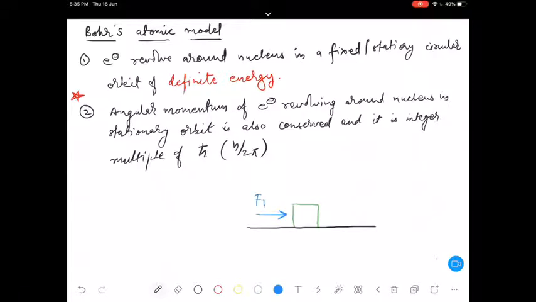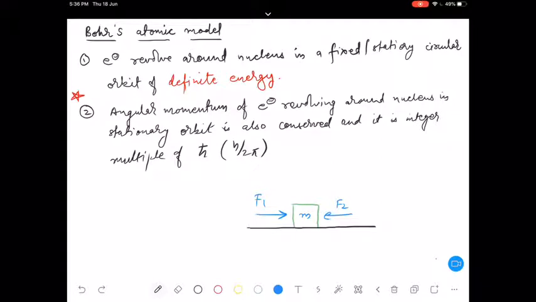There is this force F1 acting on this wooden block from this side. Let's say the surface is frictionless, no other forces are acting here. Mass I have taken as m, and here this F2 force is acting. Let's say some values you can take, 10 Newton, 20 Newton, like that. So F1 and F2 are acting on this wooden box.